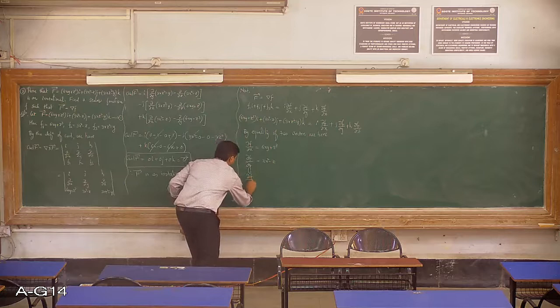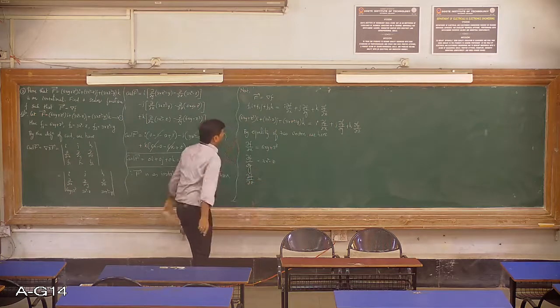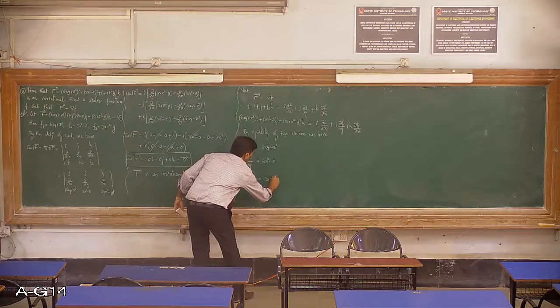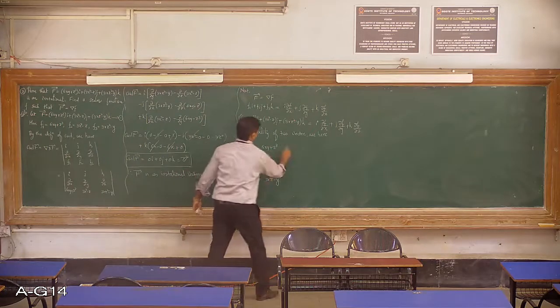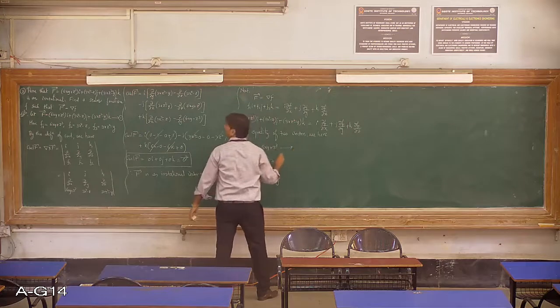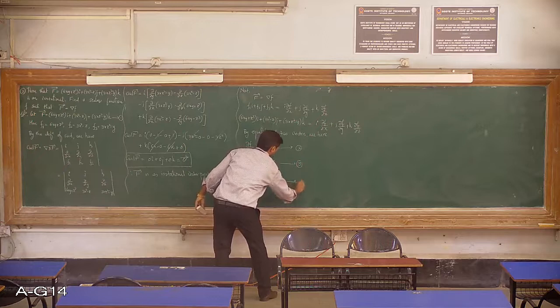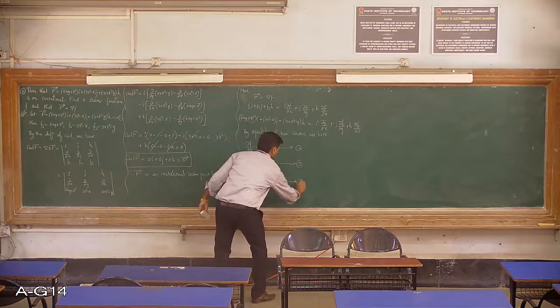Similarly, ∂f/∂z equals 3xz² minus y. Now you can call this equation number 2, this equation number 3, and this equation number 4.